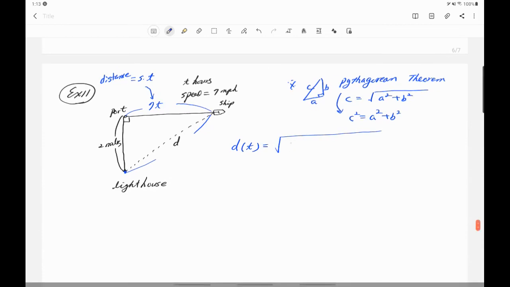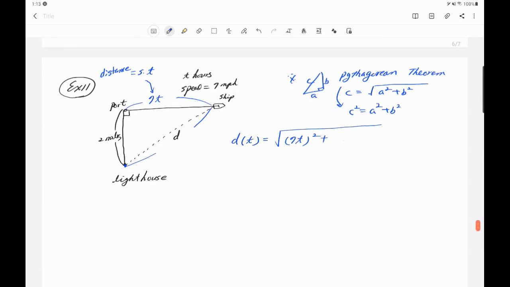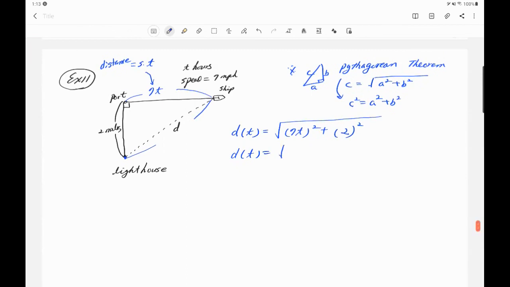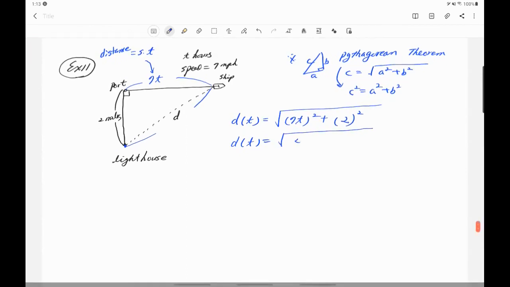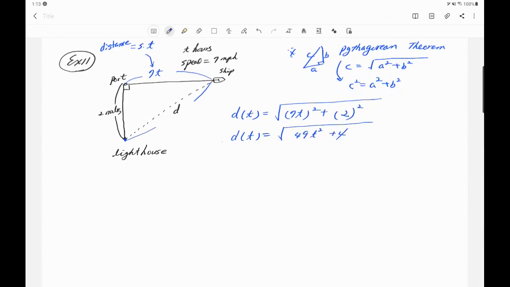So 7t squared plus 4 squared, right? That's the expression for finding the distance between the lighthouse and the ship after t hours. Then simplify this square root expression, which is the square root of 49t squared plus 16. So this is the equation, and if you plug in a t value, you get the distance right away.